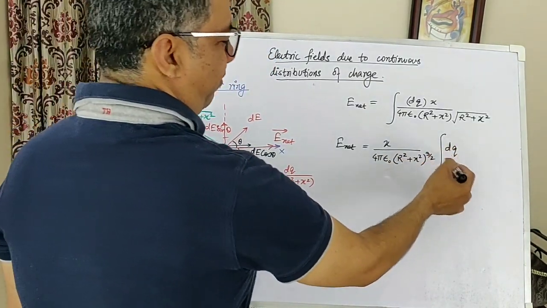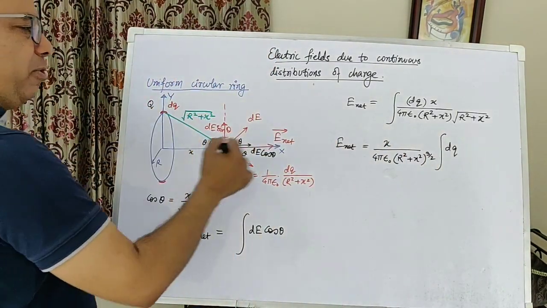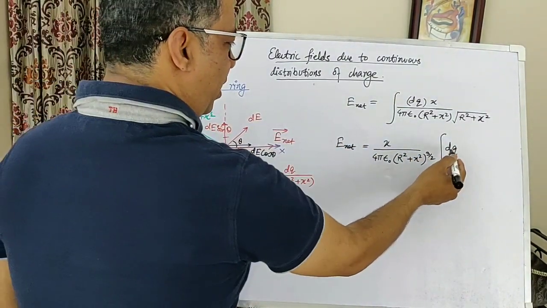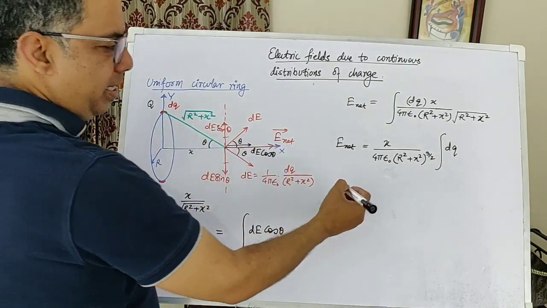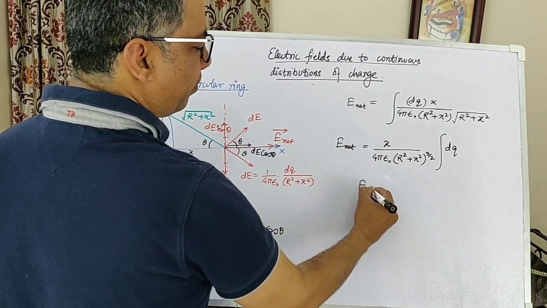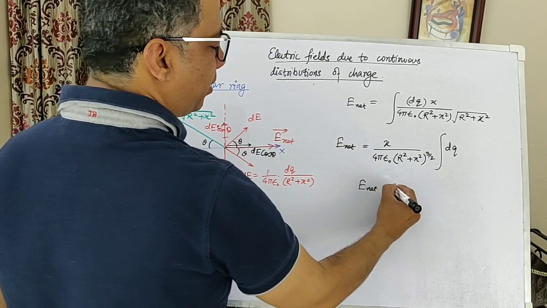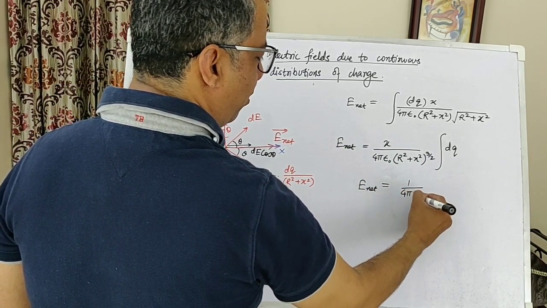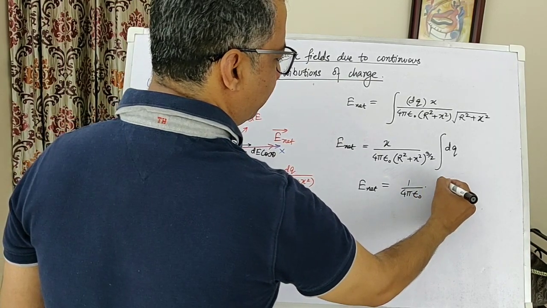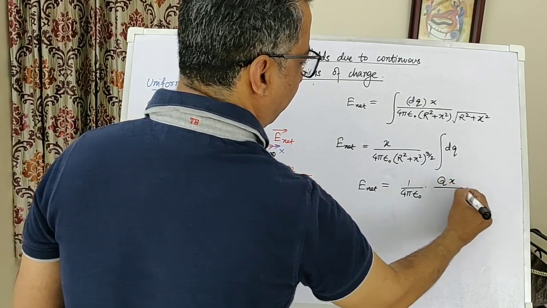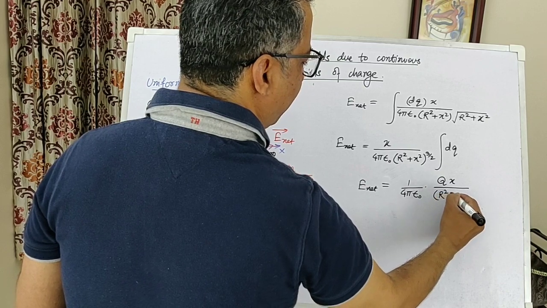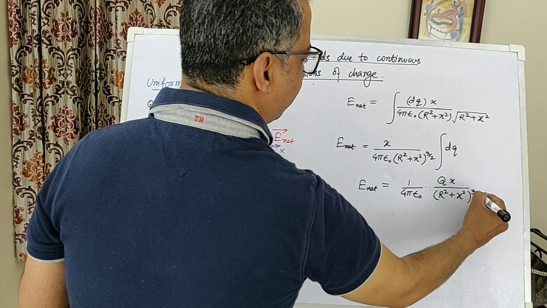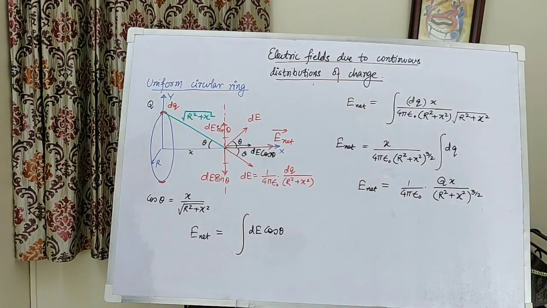Now that becomes a very simple integral. If you're doing a summation of all the values of dq, you end up with the total charge q on the ring, and therefore the net electric field comes out to be 1 by 4 pi epsilon naught times q x by (r square plus x square) raised to the power 3 by 2.